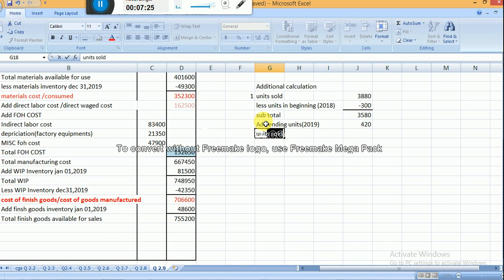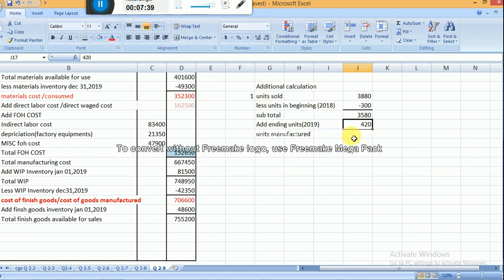Now, how many units are produced or manufactured during the year 2019? Units manufactured: 3,580, which we already sold out, and 420 which remain in the warehouse. So total units is 4,000 units.